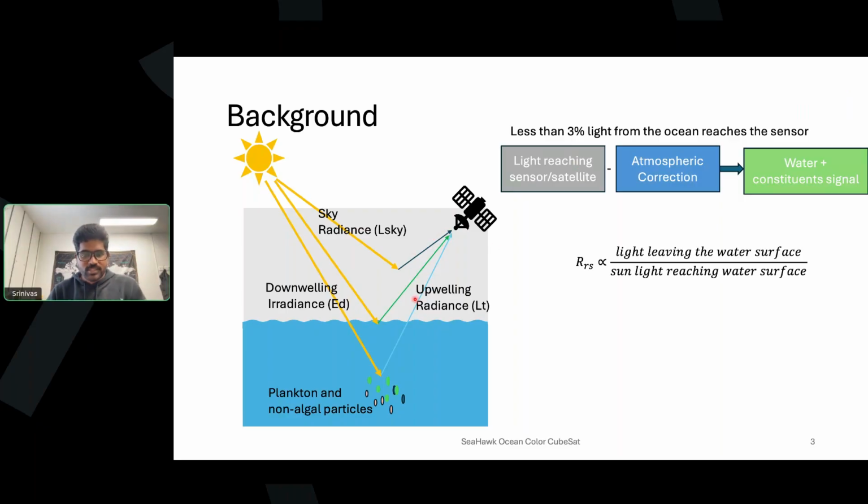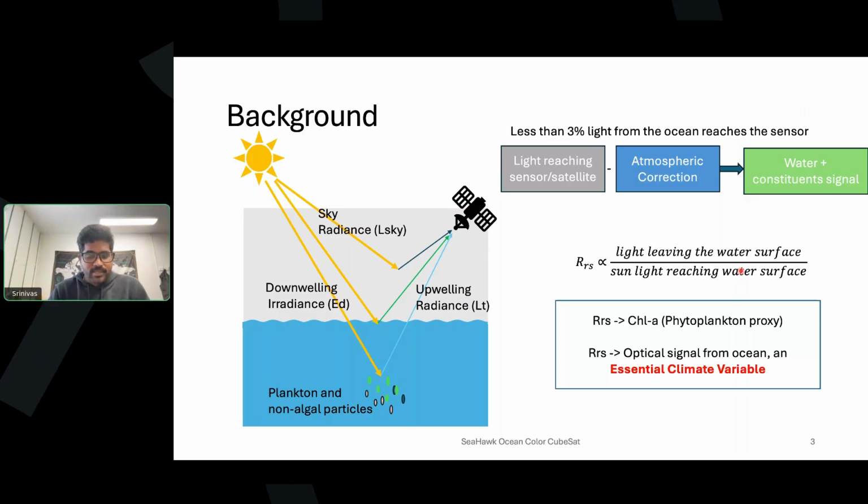We use a geophysical parameter called remote sensing reflectance, Rrs, with units of inverse steradian, which is roughly proportional to the light leaving the water surface divided by the sunlight reaching the water surface. This remote sensing reflectance is an important parameter because it is used to derive a variety of water quality products and ocean optical properties as well.